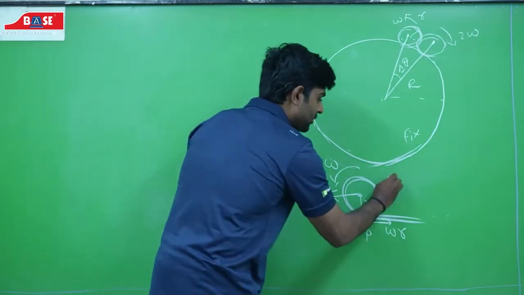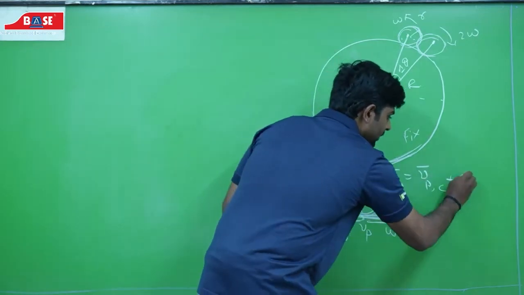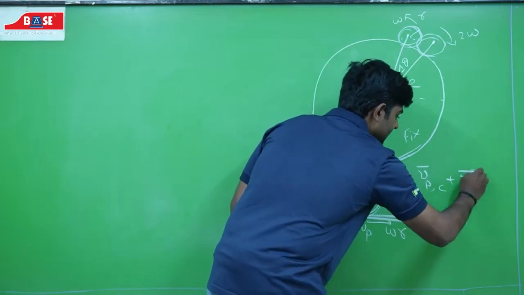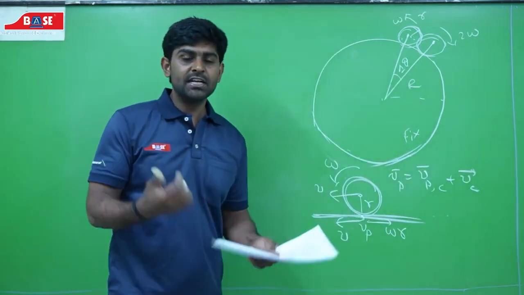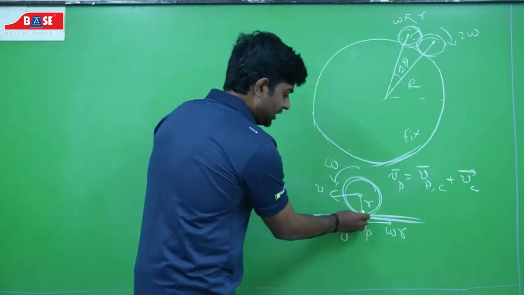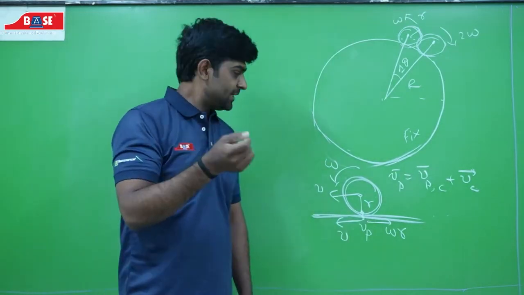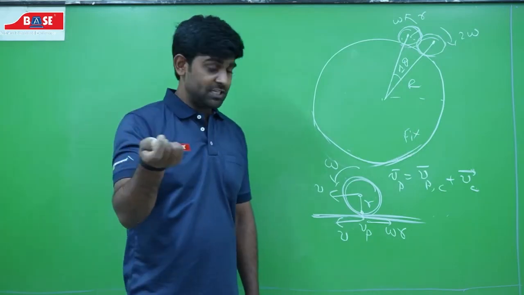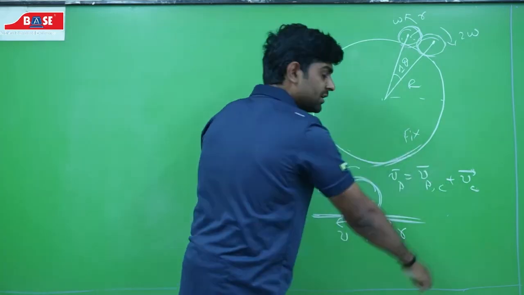We have learned this idea with respect to our logics in relative motion. See, the velocity of point P, which is at the bottommost point of the disk, with respect to the ground frame, is equal to the velocity of point P with respect to the center, plus the velocity of the center.